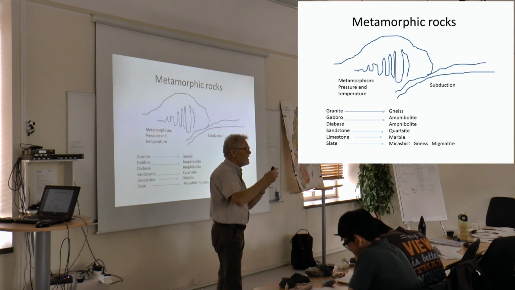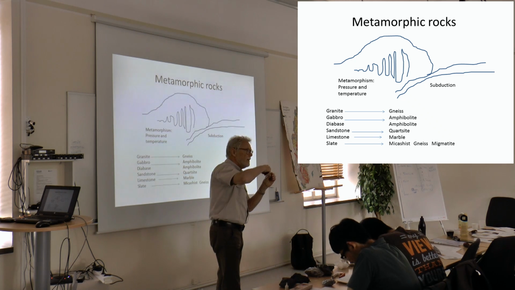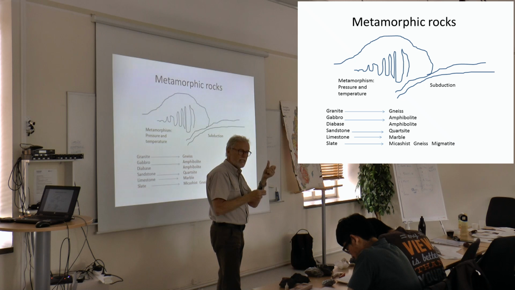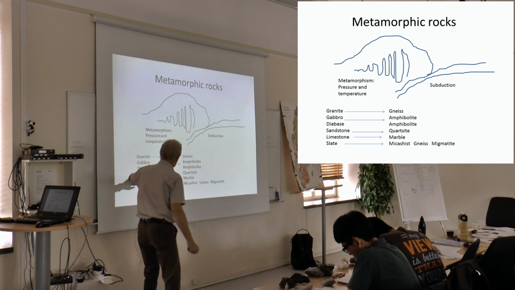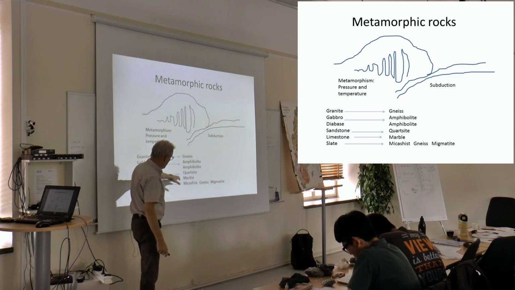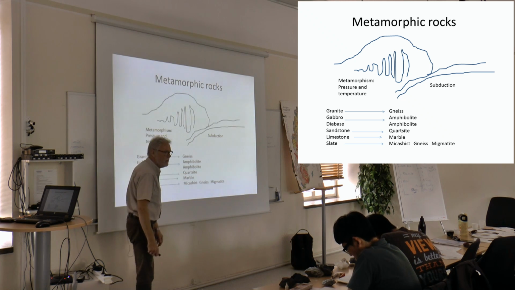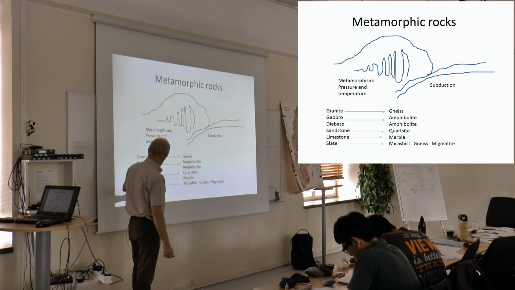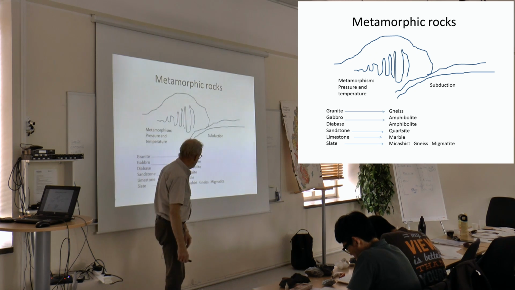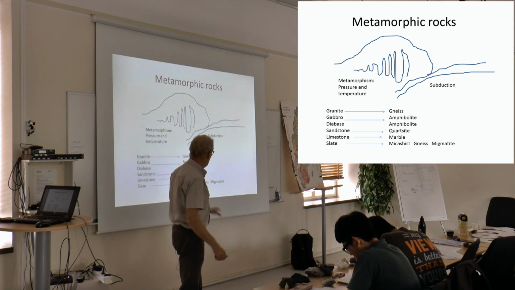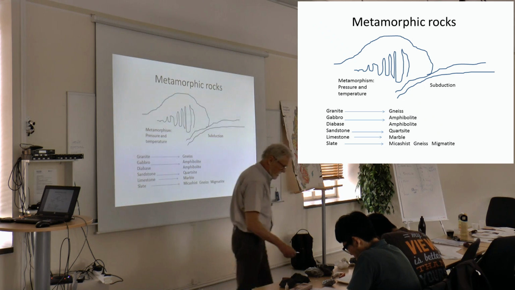Every other mineral in the sandstone will dissolve, but the grains of quartz are still there. So if you smash it together, it will be a quartzite. Limestone will turn into marble, nothing crazy. And slate is turning into a mica schist, gneiss, and migmatite.